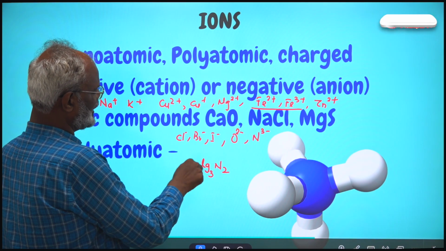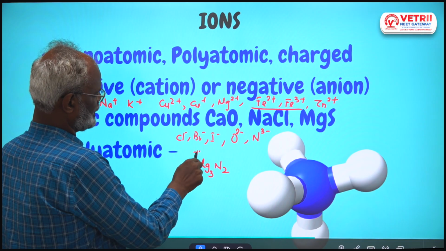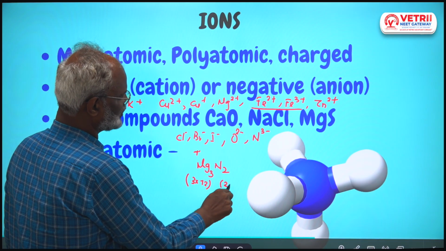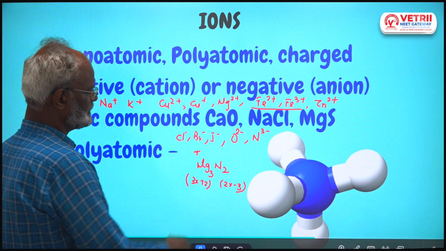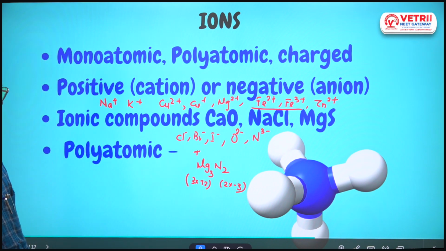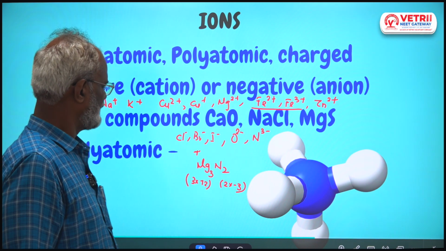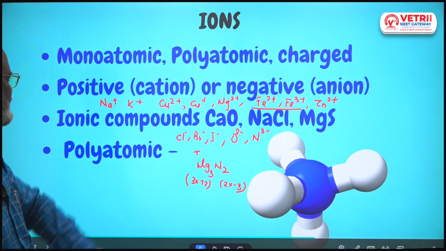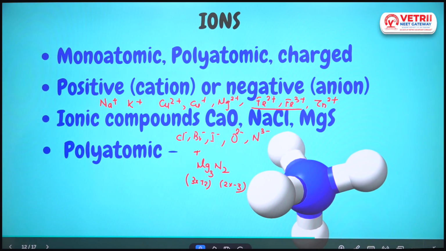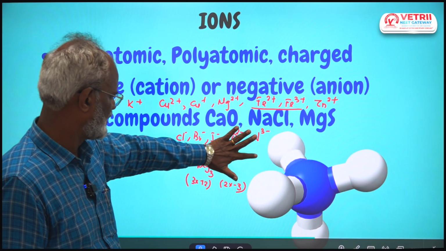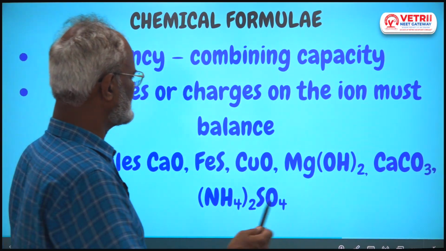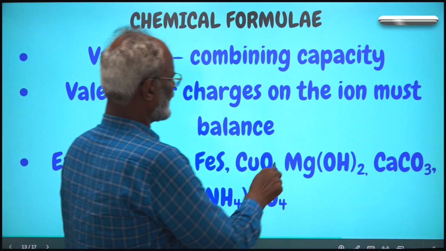So 3 into 2 plus is 6, for 3 Mg2+, and 2 into minus 3 is minus 6. Magnesium nitride, right? Then halogens have a single minus. These are some examples of the cations and anions. In polyatomic ions also, I want to give you some more examples.